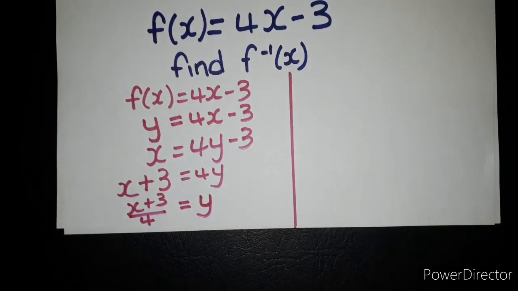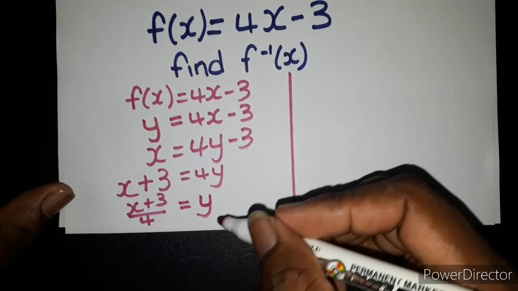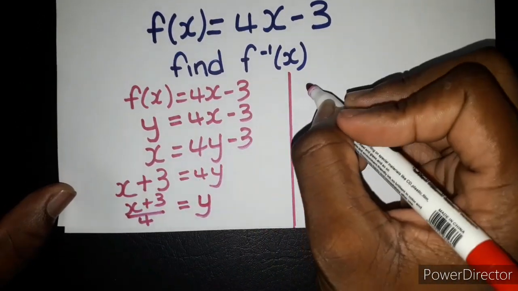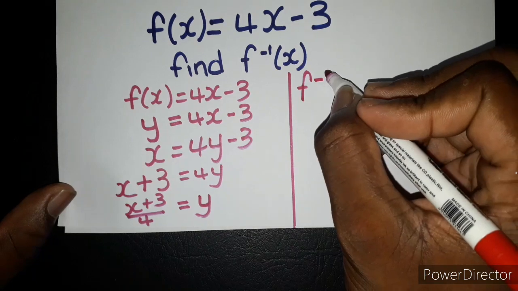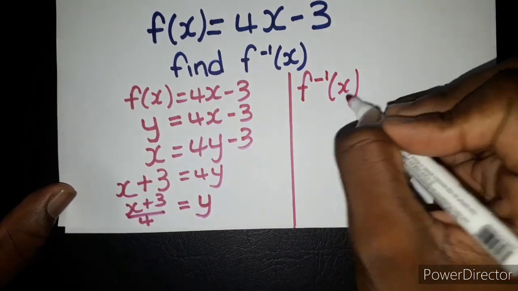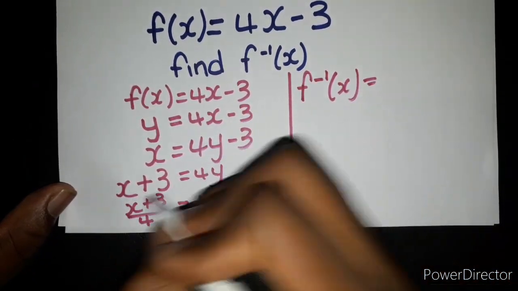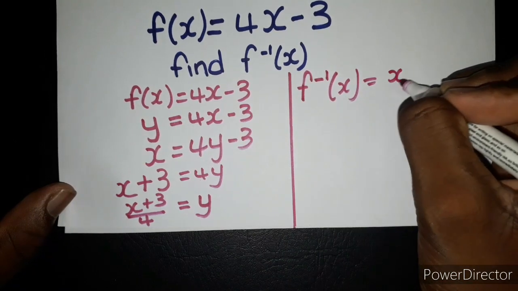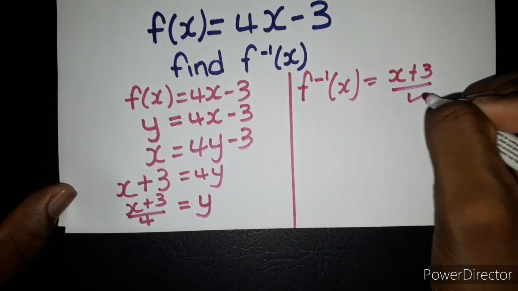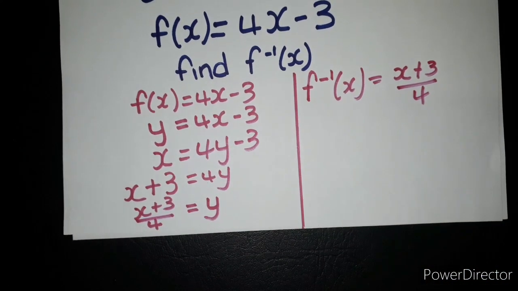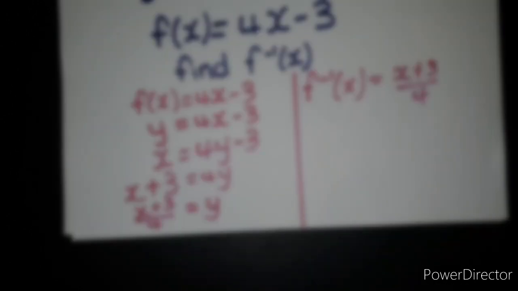And then the final step, instead of writing y, we put the inverse of f of x is equal to x plus 3 divided by 4. And that is as simple as that, a step-by-step process to find the inverse of f of x.